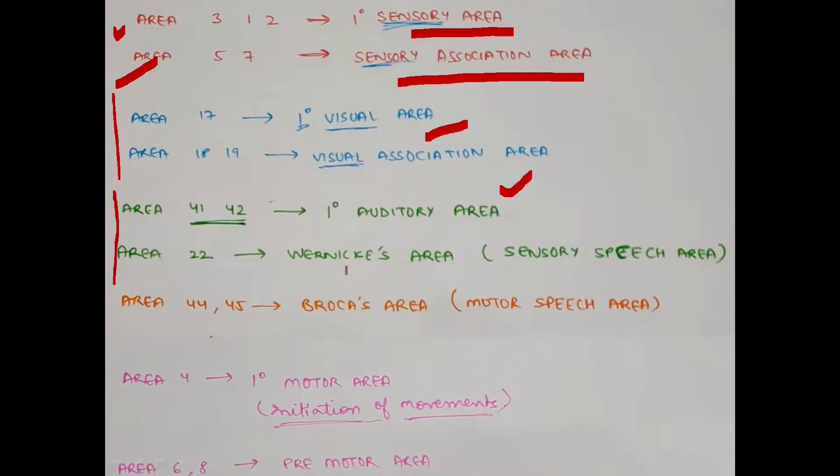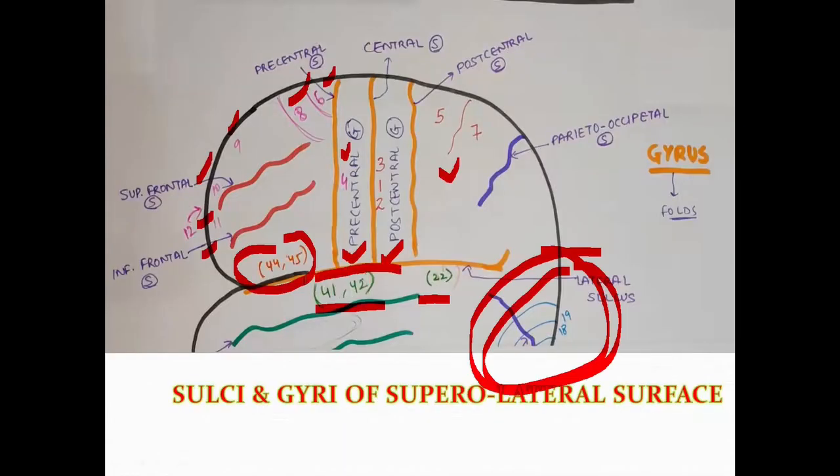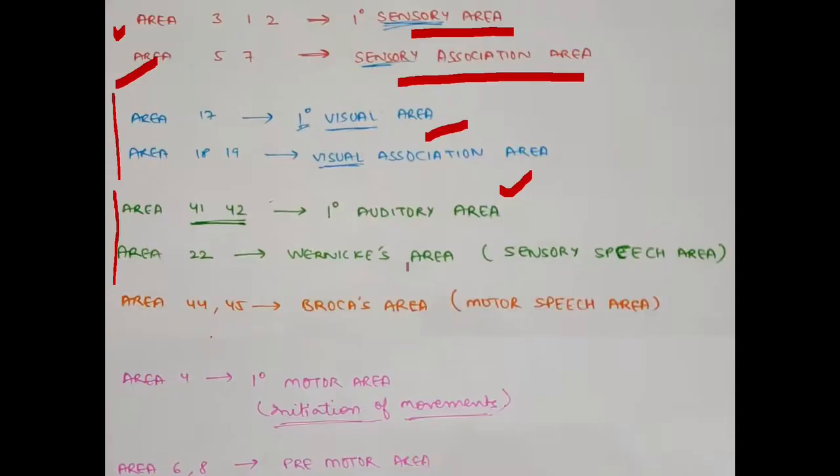And areas 41, 42 and 22 we studied in the superior temporal gyrus beneath the lateral sulcus. 41 and 42 are for the primary auditory area and area 22 for Wernicke's area, that is the sensory speech area. 44, 45 for Broca's motor speech area.